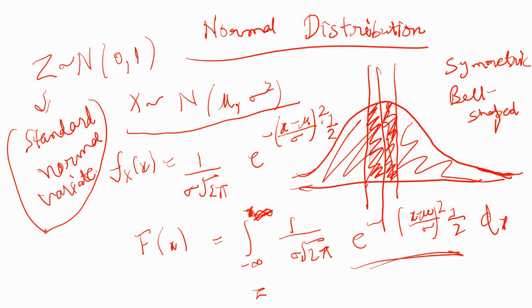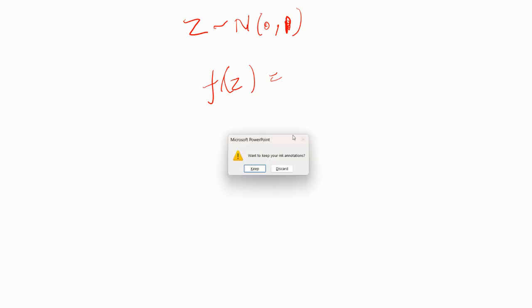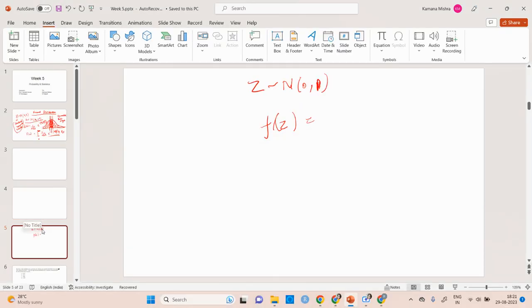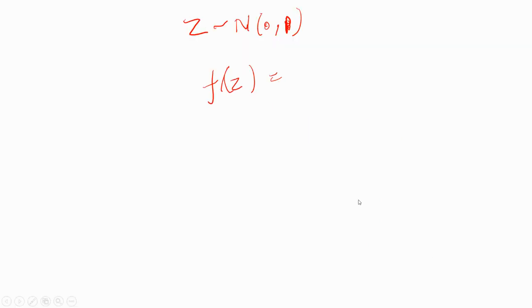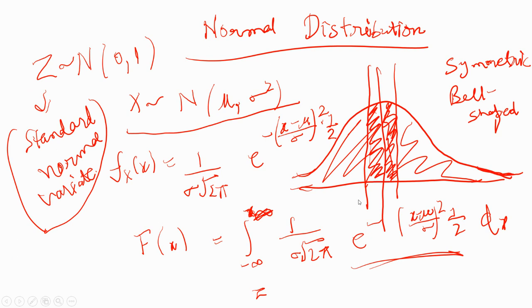If we have Z which follows N(0,1), then F of z will be equal to, here we have x minus mu by sigma.